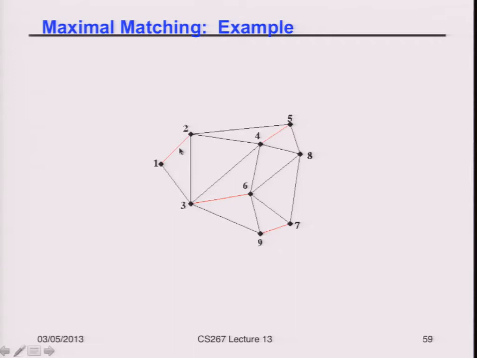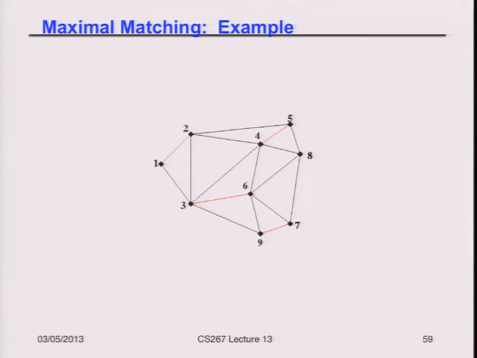Well, 1, that's partnered. 2, that's partnered. Now I'll grab 6. That hasn't been visited yet, so I add the red edge. Then 4. I look at it: 2's been partnered, 3's been partnered, 5 hasn't been, so I grab the edge from 4 to 5. Then I go to 6, been there already, go to 7, grab 9, and 8 is left, lonely at the end, the odd person out. So my red edges are the maximal matching.